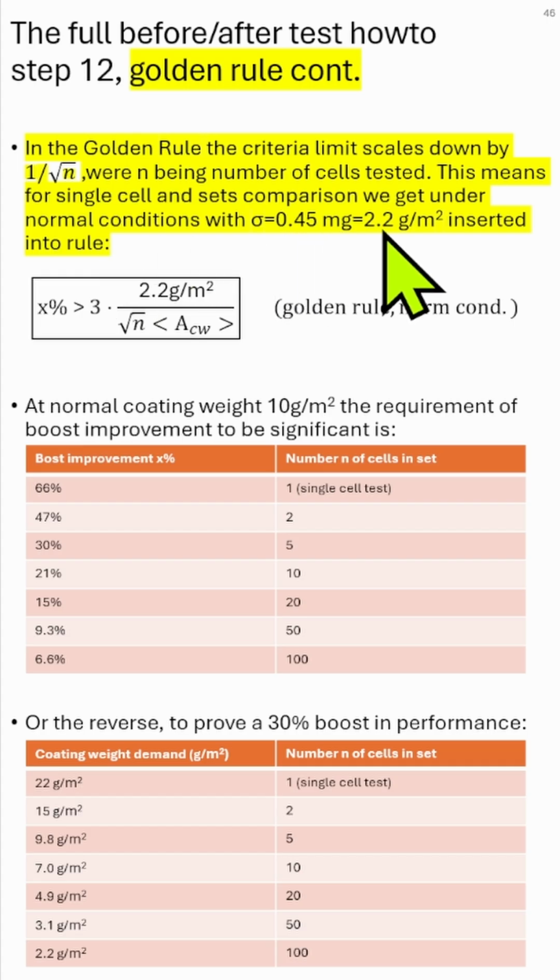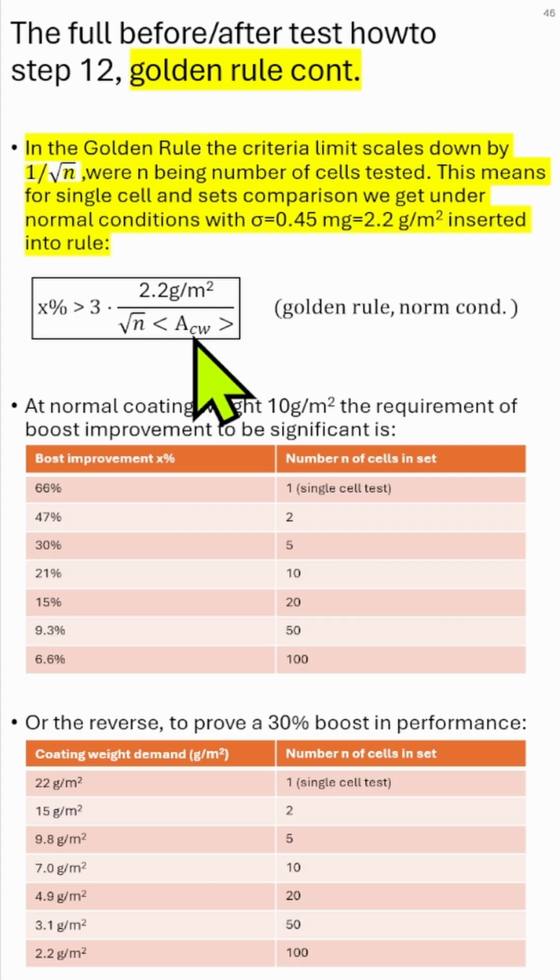So let's insert that into the golden rule. Then we see that the boost performance in percentage must be larger than 3 times 2.2 grams per square meter divided by the square root of number of cells and divided by the mean value of coating weight.